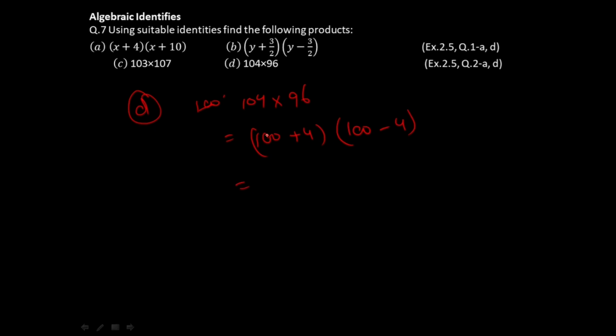So which identity will I use here? (a plus b) times (a minus b) equal to a squared minus b squared. Using the identity, that is nothing but 10,000 minus 16. So I guess my answer is 9,984, my final answer.